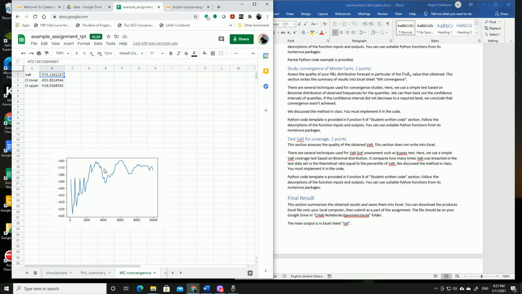In this case, we see that this confidence interval is narrowing, but is it narrow enough? So 658, 518. Let's see, where's 658? It's somewhere here on the plot, and 518 here. So it's a very, very wide confidence interval. I doubt that this converged yet. So 10,000 is probably not enough. We should let it run more.